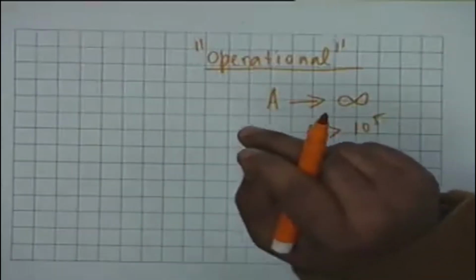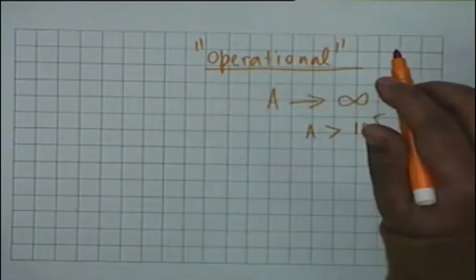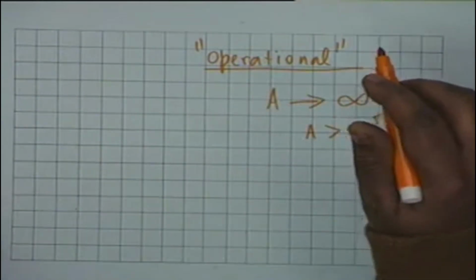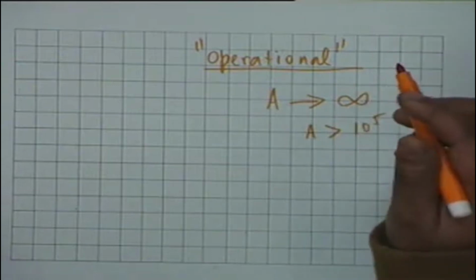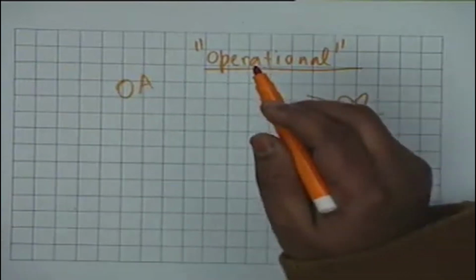The term operational is in a sense more valid now because this 741 chip can perform many more operations than their poor cousins, the vacuum tube operational amplifiers, which existed in the 40s, for example. So in any case, we shall call it simply operational amplifier, op-amp, or sometimes simply an OA.